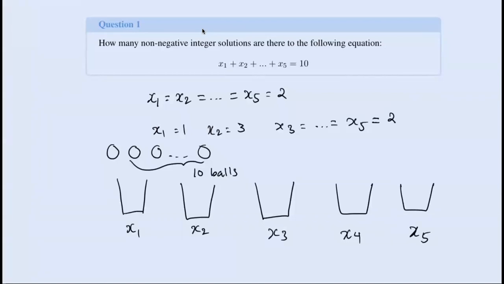So for example, the first case here, when you have x1, x2 up until x5 equal to 2, it is the same situation as you putting 2 balls in each bin. Does this step make sense?